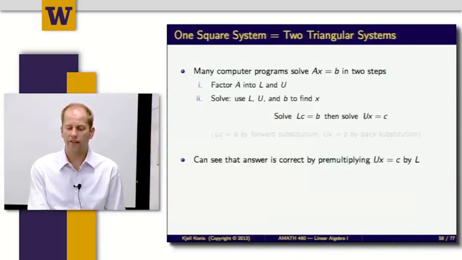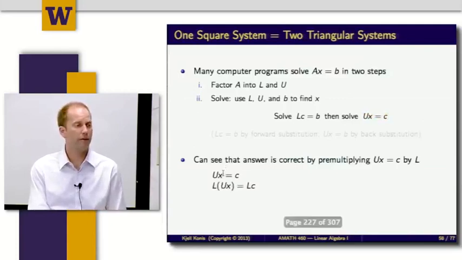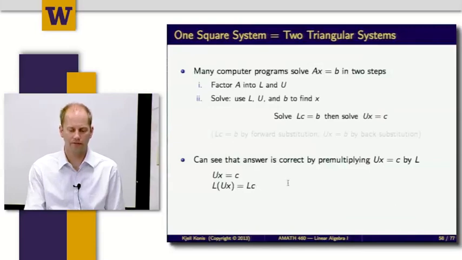So the second thing I solve, I'll pre-multiply that by L. I'll start off with Ux equals C. Pre-multiplying by L gives me LUx equals LC. But LC, that's what I got.